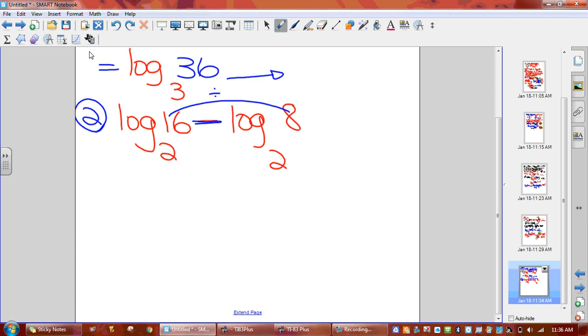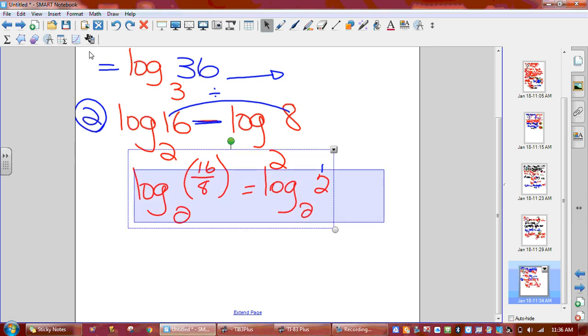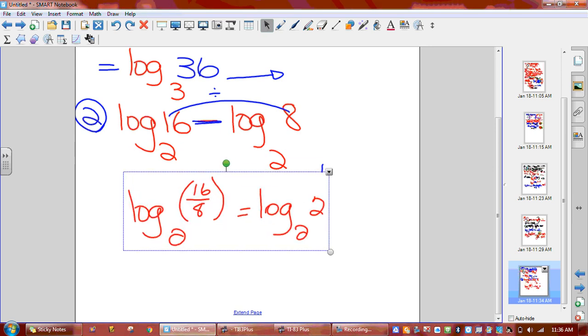So that's going to look like log base 2 of 16 over 8, which is log base 2 of 2, exponent 1. Now this is that situation I was telling you. If your log base is the same as the argument, you are able to solve it as the exponent.